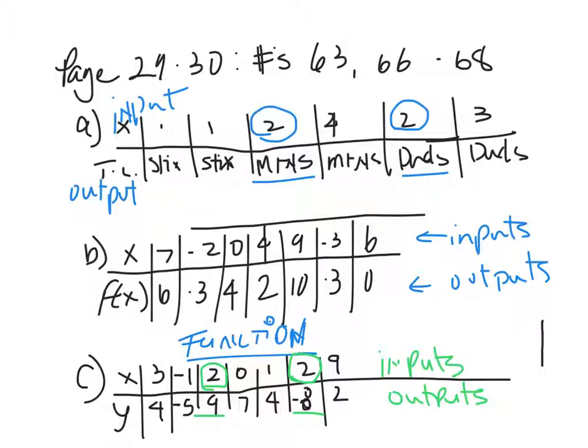This 2 gives me a 9, this 2 gives me a -8. What does that mean? Does that mean it's a function? Fill in your answer for, this is actually Roman numeral 3, this is actually Roman numeral 2, Roman numeral 1. Apologize for the confusion. Let's go on to B.